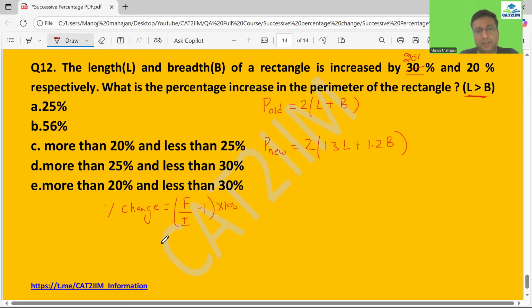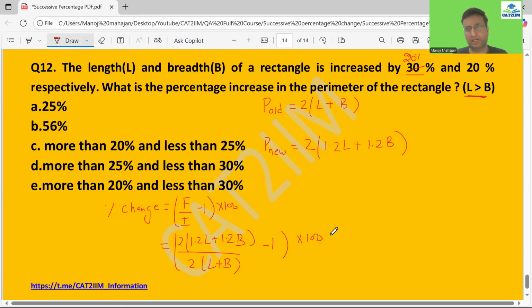So what do I get in that scenario? This will not be 1.3. In that case, it would be 1.2. Just an example. So I'll get back to this same problem in a while. So what do we have? Twice 1.2 L plus 1.2 B divided by what? Twice L plus B. And if I subtract 1 from here into 100, 1.2 can be taken common over here.